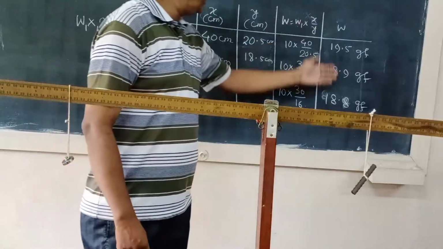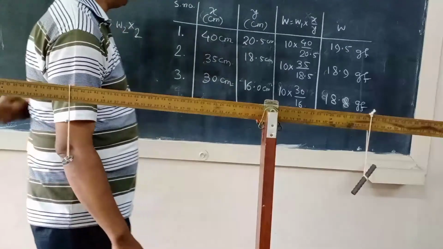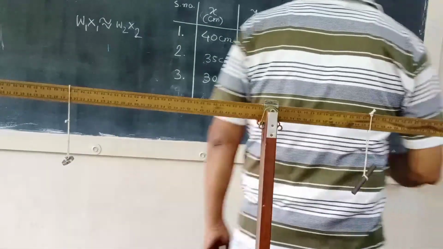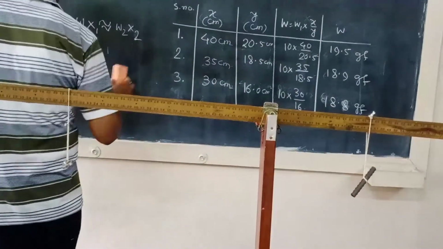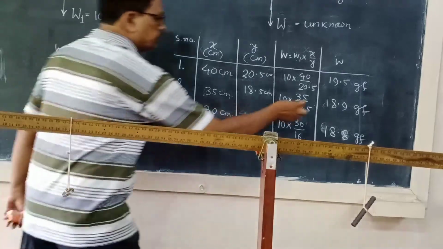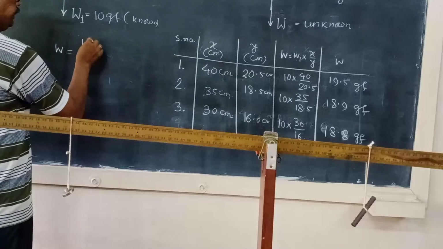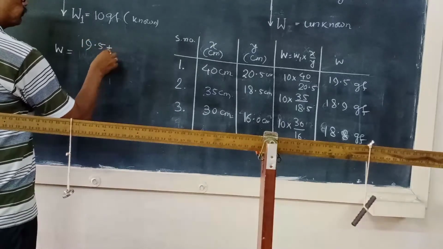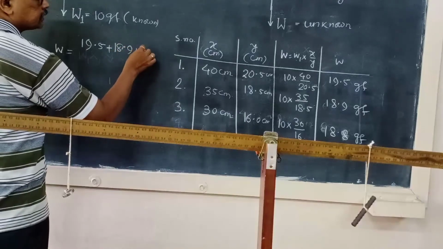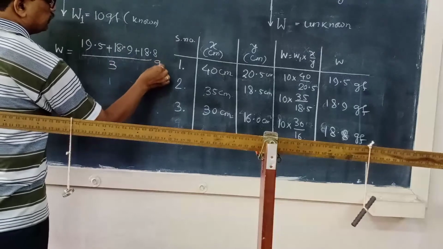So these three readings, if you see, are nearly equal. So we can say that the weight W is equal to the sum of these three, that is 19.5 plus 18.9 plus 18.8, divided by 3 gf.